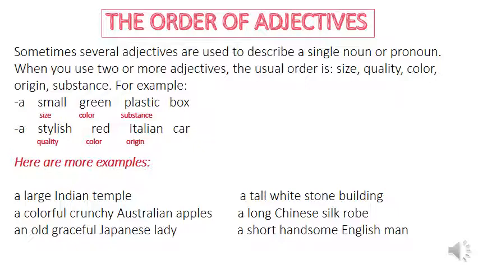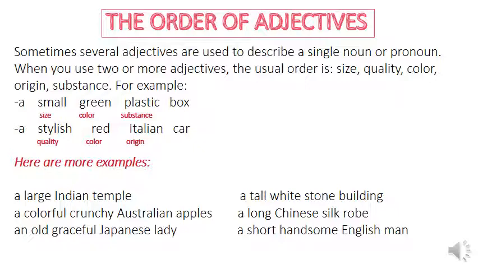A colorful, crunchy Australian apples. We started with the color, with the origin, and with the quality, okay? An old, graceful Japanese lady. So we started with the quality, with the origin.